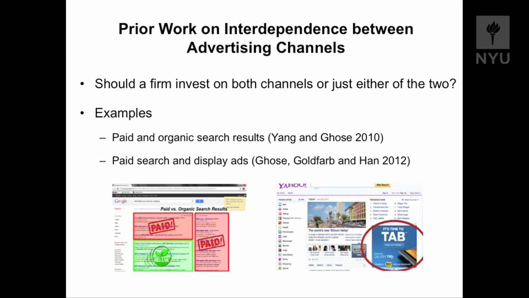In some prior work, we had looked at similar questions, and when we looked at paid search and organic search, we saw this strong reinforcement effect. If your ad shows up here, and your listing also shows up higher, the sum of the parts is actually greater than the whole itself.